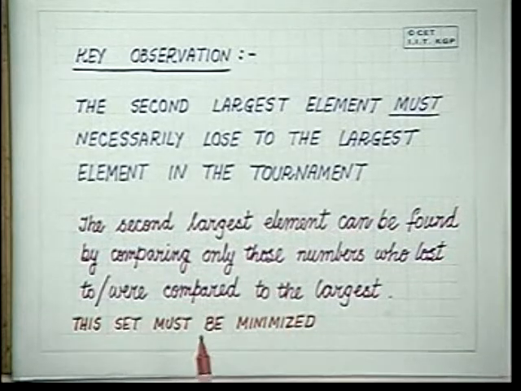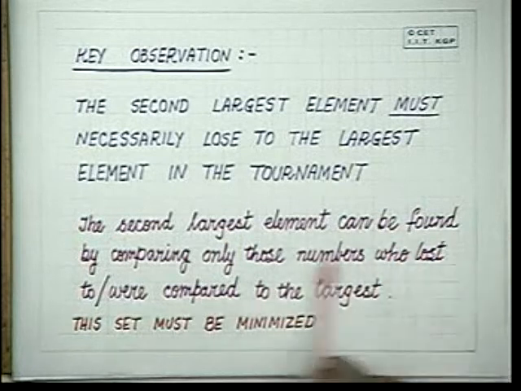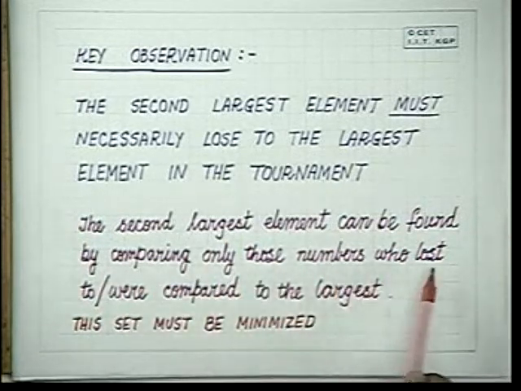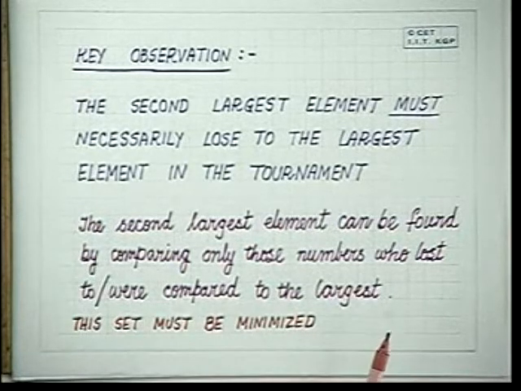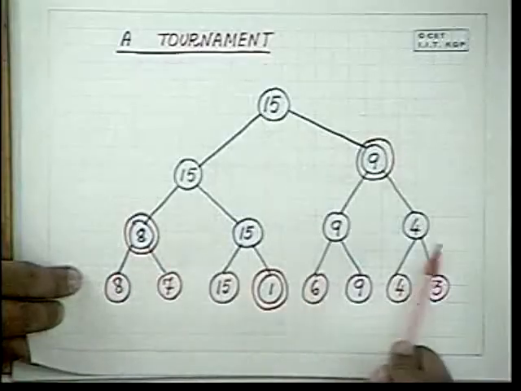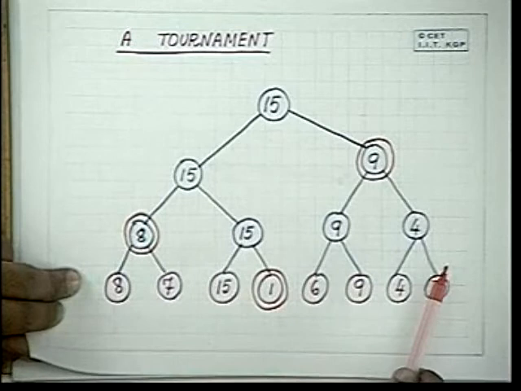And now we come to the question of optimizing. The second largest element can be found by comparing only those elements who lost to or were compared to the largest. Along the tree, now not only at the first level as in the max and min, in the max and min we were satisfied by first time losers, but here it is not first time losers.